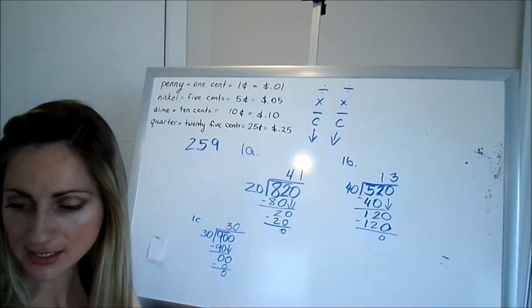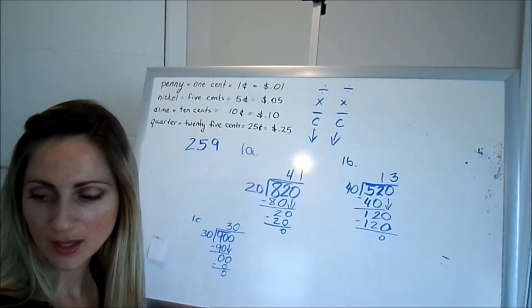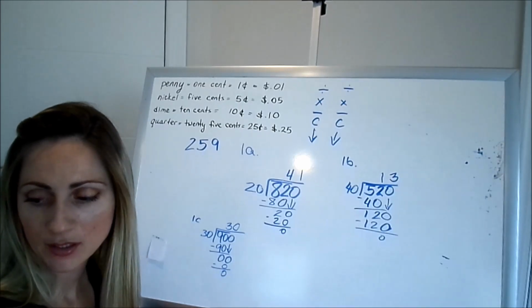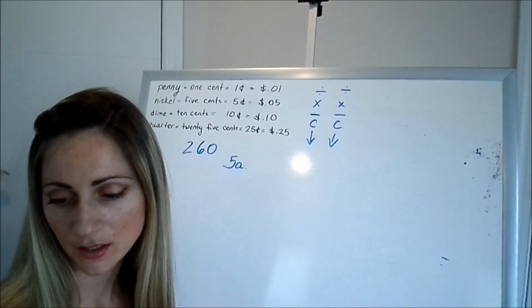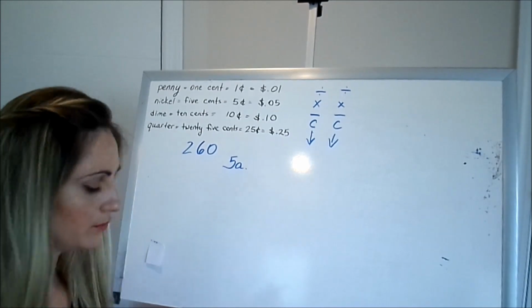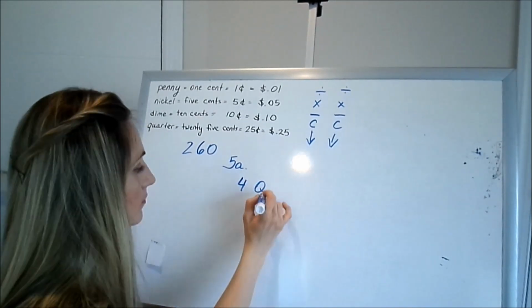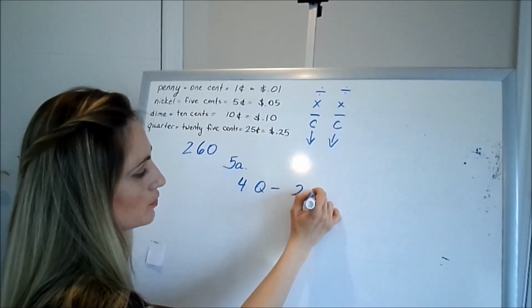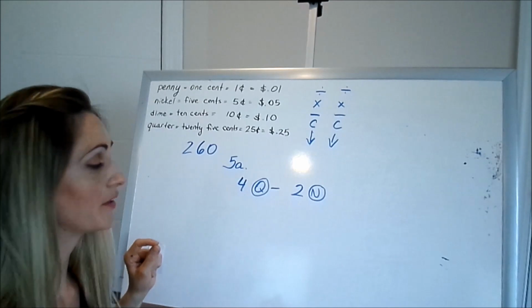Page 260, story problems, 3A is 1 step, and 3B is also 1 step. And I'm going to do 5A together with you. You have 4 quarters minus 2 nickels. Okay, that's the kindergarten way of writing it.